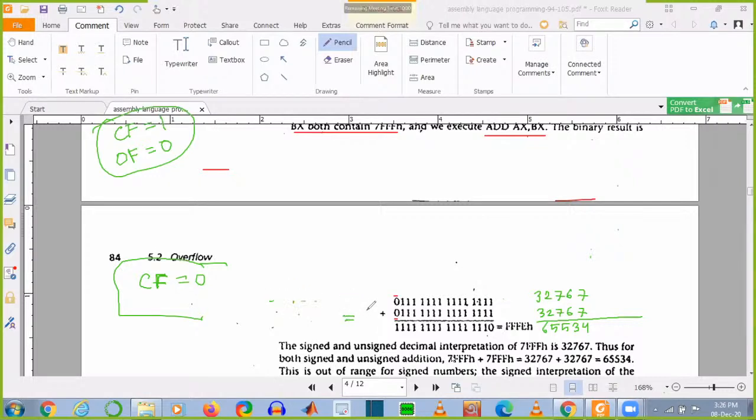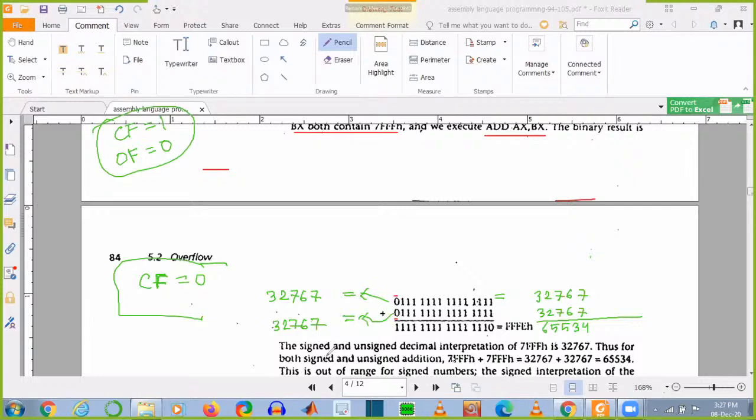The second number is also same, 32767. Why are those numbers same for signed case and unsigned case? Because both numbers are positive. MSB is 0. So when the number is positive, whatever the sign value, the unsigned value is also same as the sign value.